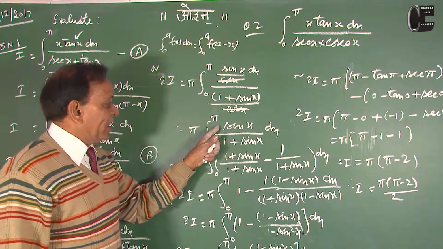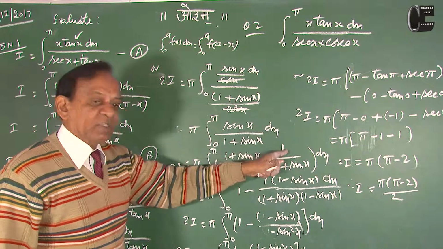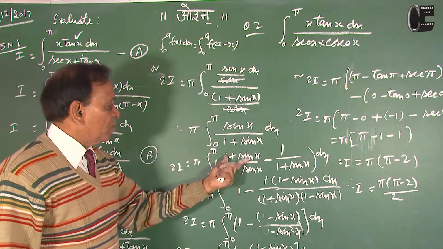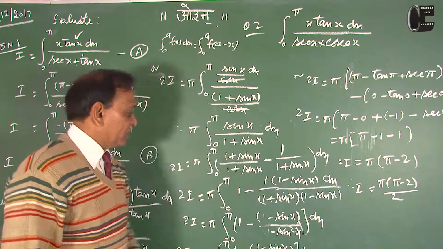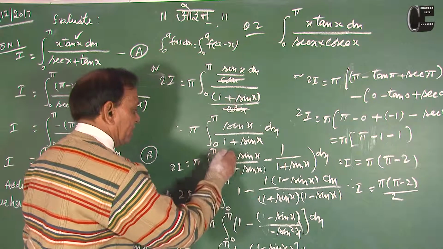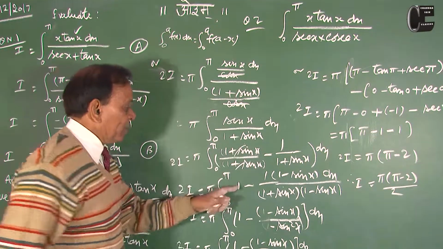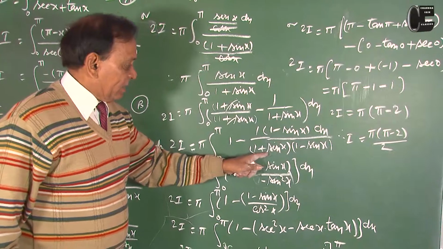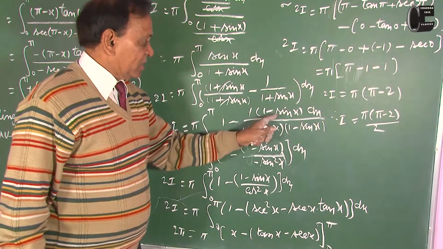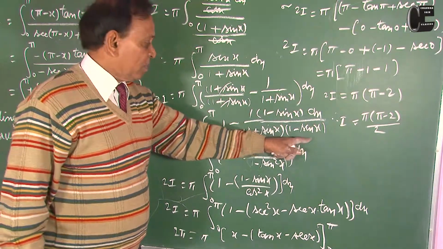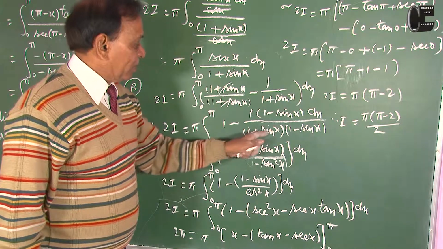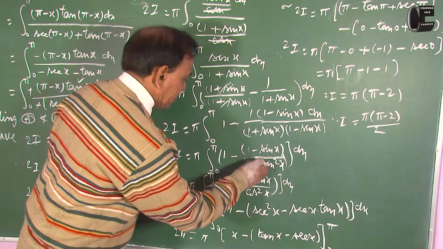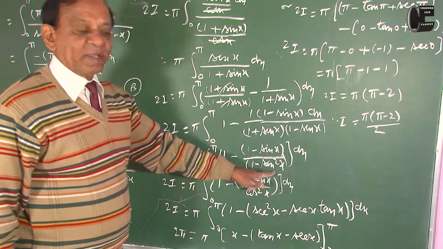Yes, add 1 and subtract the same 1 and separate them. 1 plus sine x over 1 plus sine x minus 1 over 1 plus sine x. This will be cancelled and we get here 1 minus, multiply by 1 minus sine x and divide by the same number. We get 1 minus sine x, a plus b into a minus b, that is 1 minus sine square x.